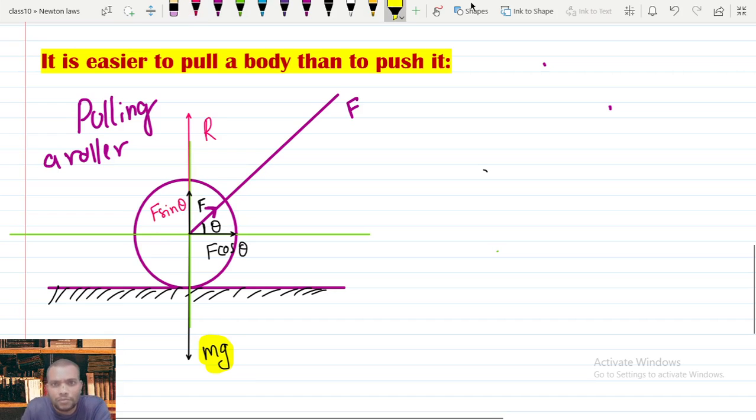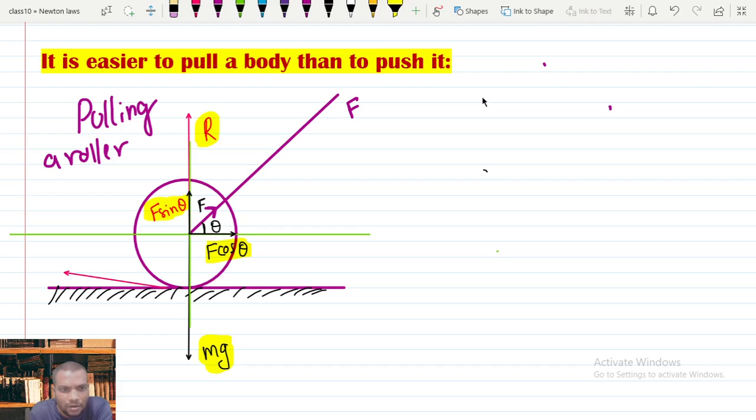Now apart from these forces, you can see R and mg, the normal reaction force and weight, and two more forces, F cos theta and F sin theta. And a very important force which we did not draw till now is the friction force. Since the roller is moving, it has kinetic friction.